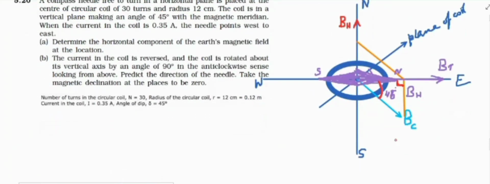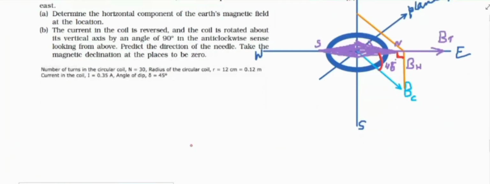So in that angle we can calculate the value of sine 45. So we have sine 45 is equal to BH upon BC, opposite side by hypotenuse. From that equation, we will get the horizontal component of earth magnetic field.